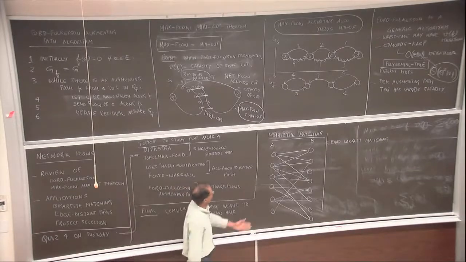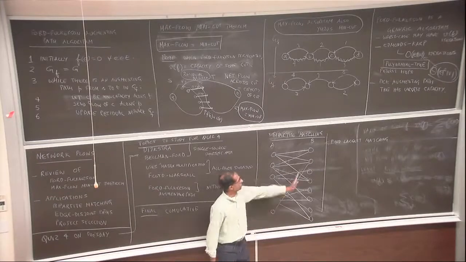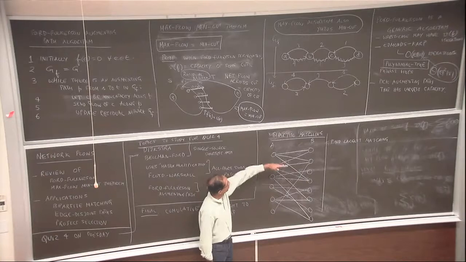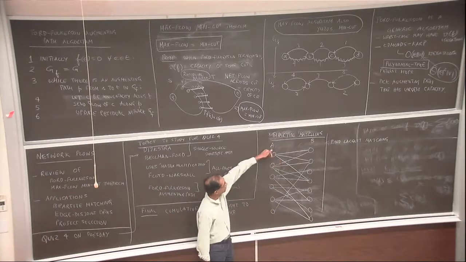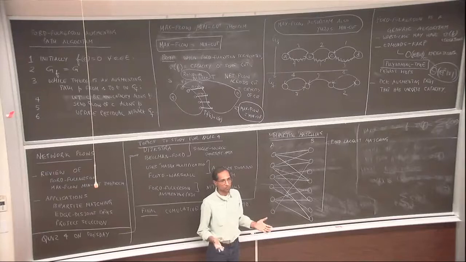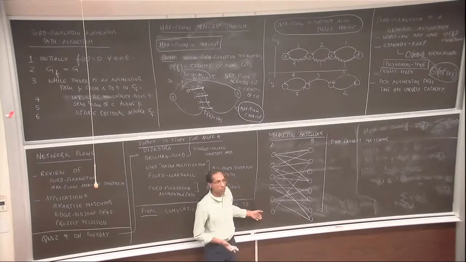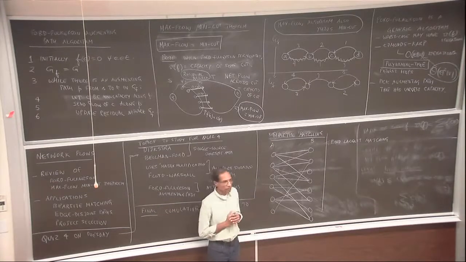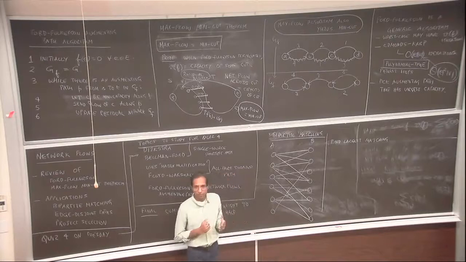In this graph, you have vertices on the left, A, vertices on the right, B. I want you to pick a matching, which means match vertices in A to vertices in B, such that you're able to match as many vertices as possible. And it may not be possible to match all the vertices, because maybe the number on the left is not the same as the number on the right, or maybe some people were not liked by anybody or something like that. Okay? So how would you go about doing this?